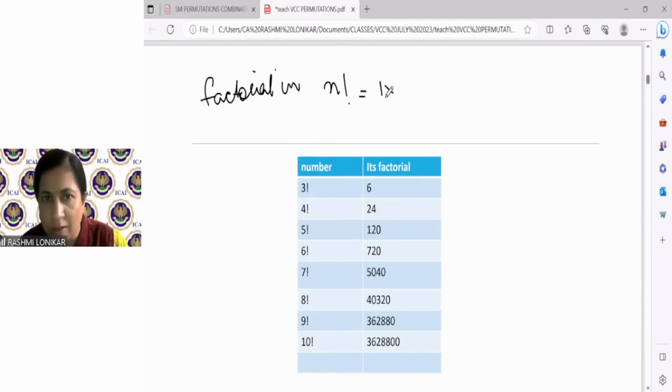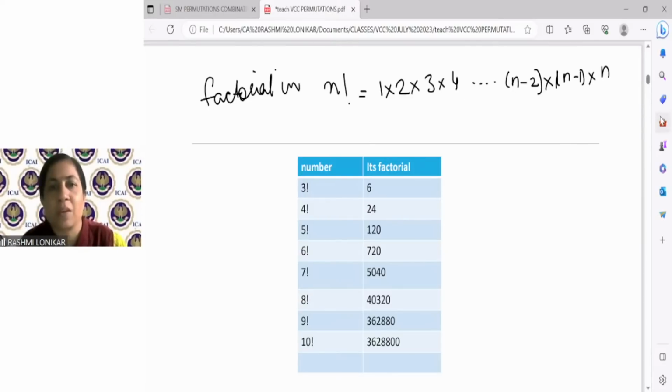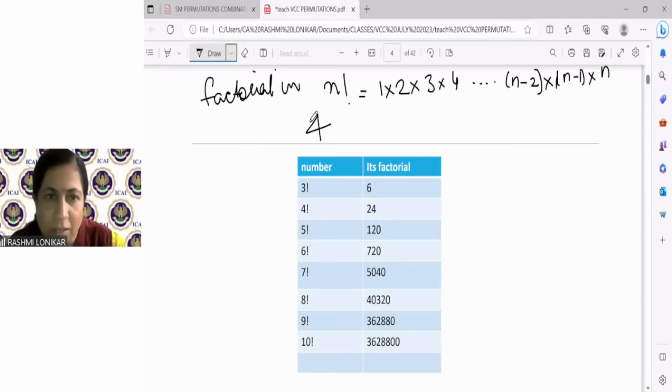So 1 into 2 into 3 into 4, and so on, n minus 2 into n minus 1 into n. This is very important that you should know.